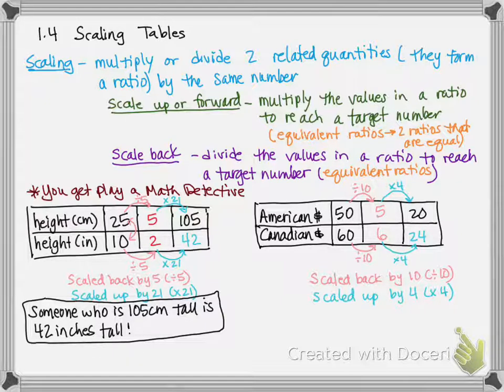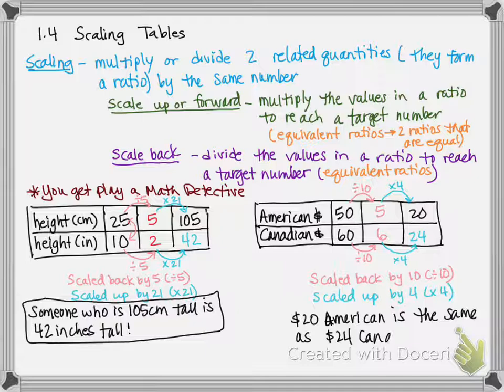So let's see, $20 American is the same as $24 Canadian. Okay, so again, it's just trying to help me figure out a particular equivalent ratio, a ratio that has the same value.